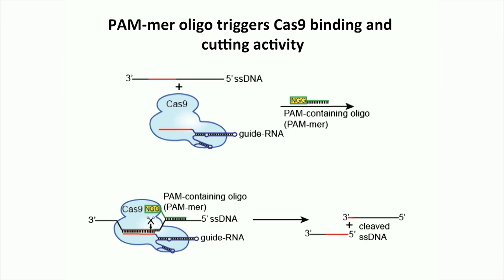And so the thinking was that in the presence of a single-stranded substrate that could bind by base pairing to the guide RNA, the PAMmer would come in and interact with the binding site for this GG dinucleotide in the protein and somehow trigger cleavage activity.